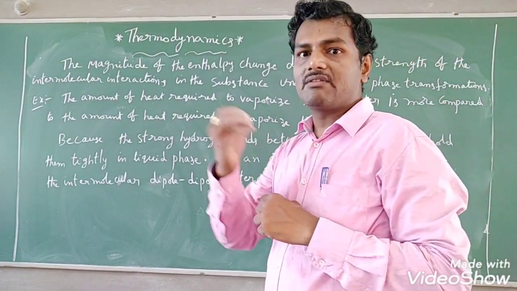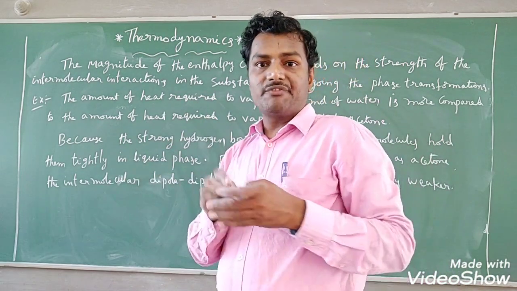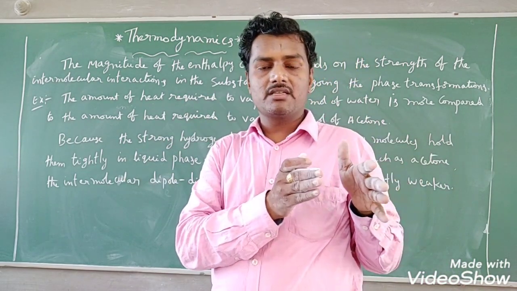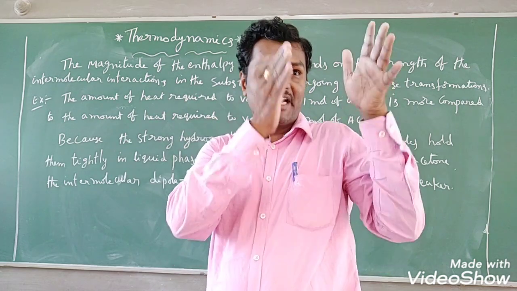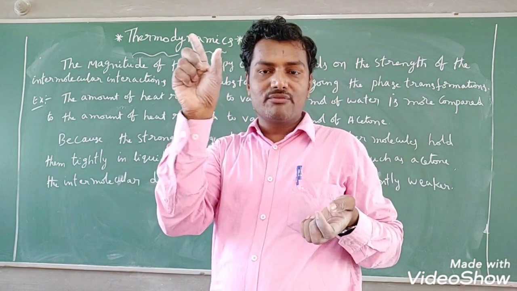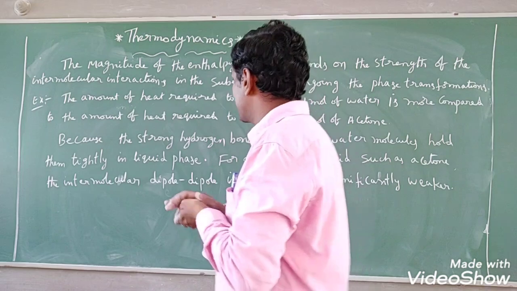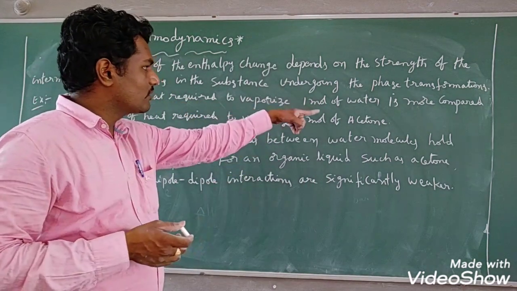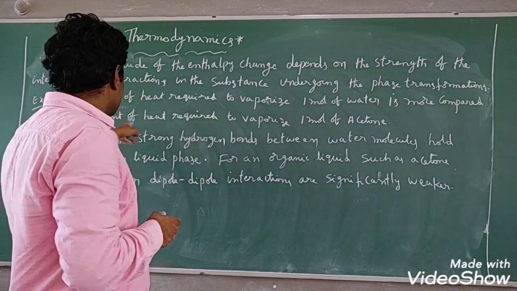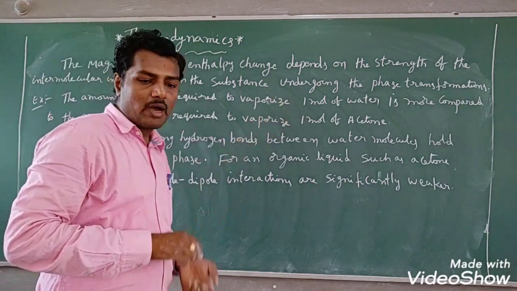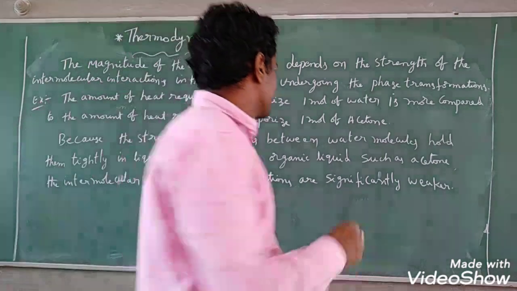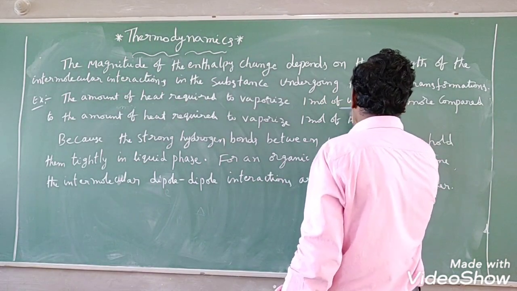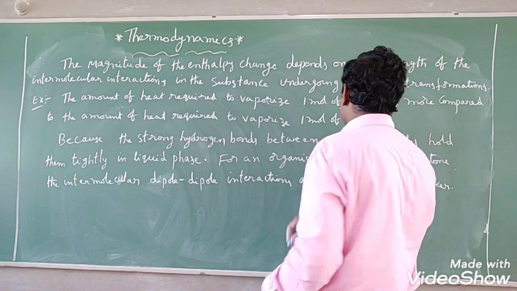Suppose a solid converts into liquid; we have different types of solids, so the magnitude value will change depending upon the substance, right? For example, the amount of heat required to vaporize 1 mole of water is more compared to the amount of heat required to vaporize 1 mole of acetone, students. Water is a liquid, acetone is also a liquid.